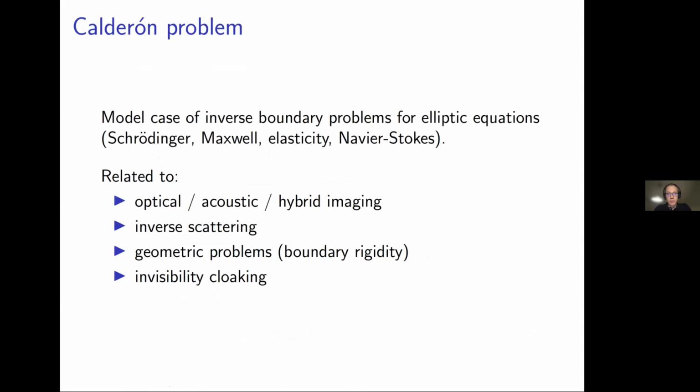And besides electrical imaging, it's also related to optical or acoustic imaging and inverse scattering problems, and even this business of building invisibility cloaks, where you try to, in Harry Potter style, build a cloak so that people cannot see inside. So this would be kind of a counterexample to Calderon type inverse problem. So all of these connections are a reason why this has been a central problem in the theory of inverse problems.